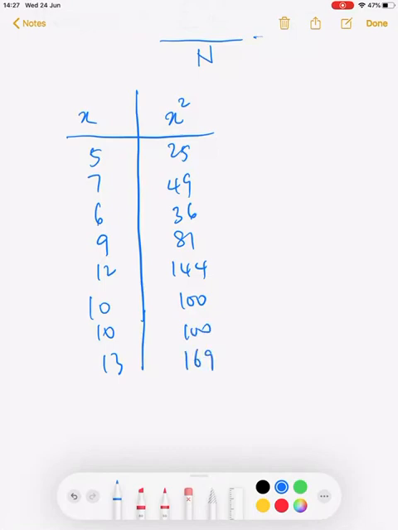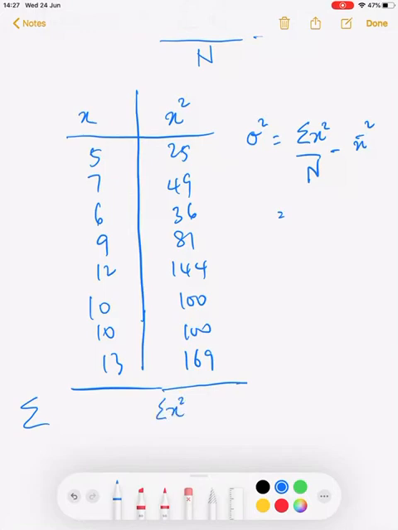So again, the variance. The sum of x squared equals 704.